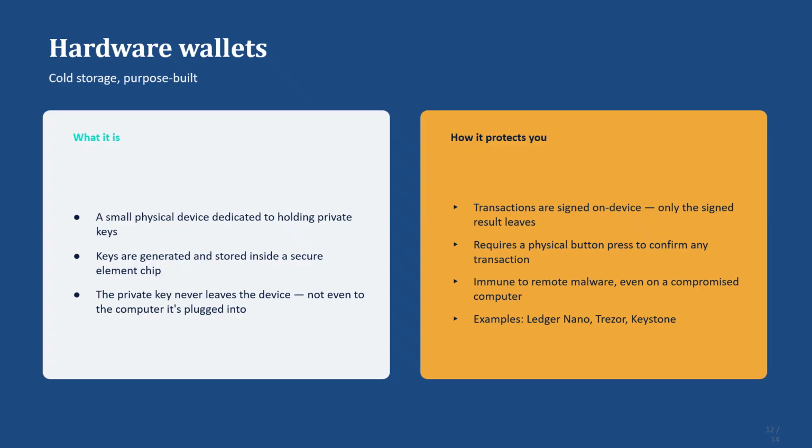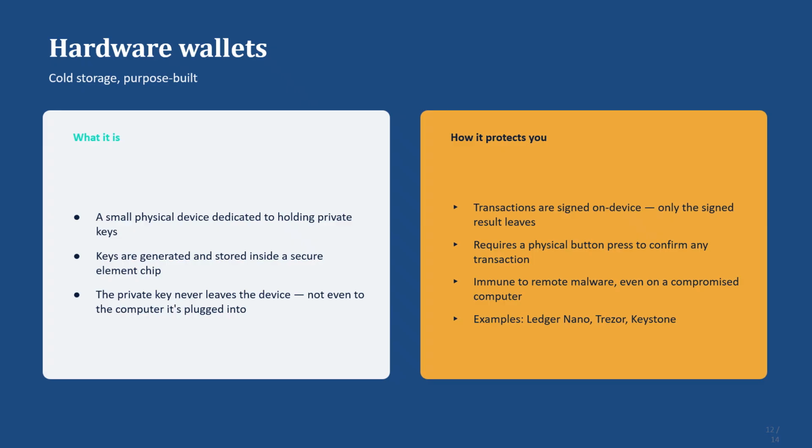Next is hardware wallets. One of the best places to keep the key material is a hardware wallet. It is a small physical device built for exactly this. It generates and stores private keys inside a secure element chip, and critically, they never leave the device, not even to the computer it's plugged into.